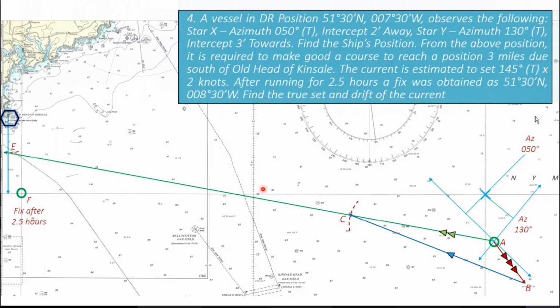So starting from point A, I'm going to mark off a vector in the direction of my course steered. So let's have this vector on the chart. We have this vector, that is the course steered vector, and I'm going to cut off the length of this vector equal to my engine distance for 2.5 hours. You can see this arc here: with a speed of 12 knots in 2.5 hours, I would have covered 30 miles.